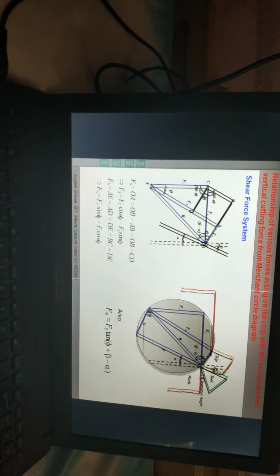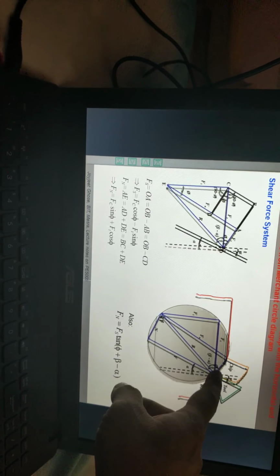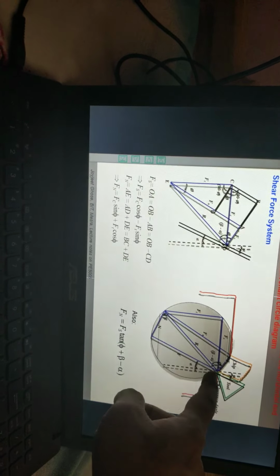Now also Fn is equal to Fs tan of phi plus beta minus alpha.